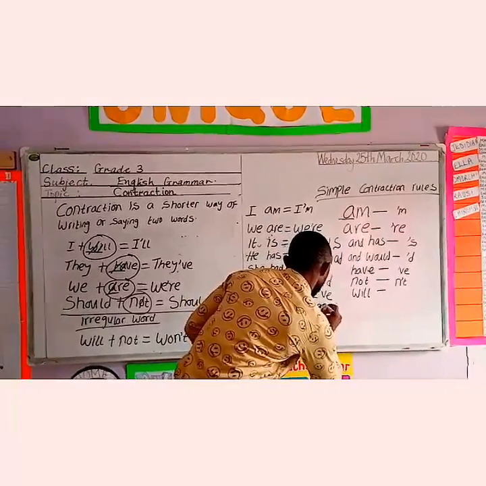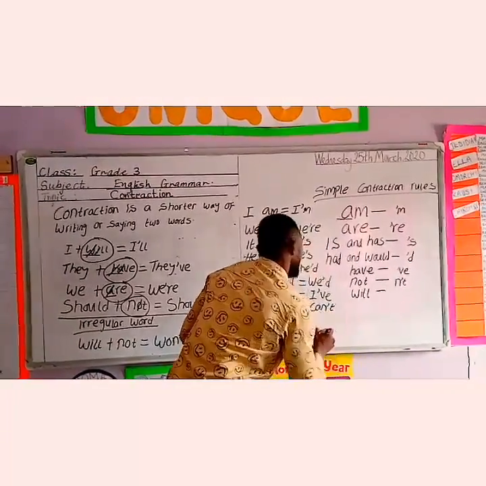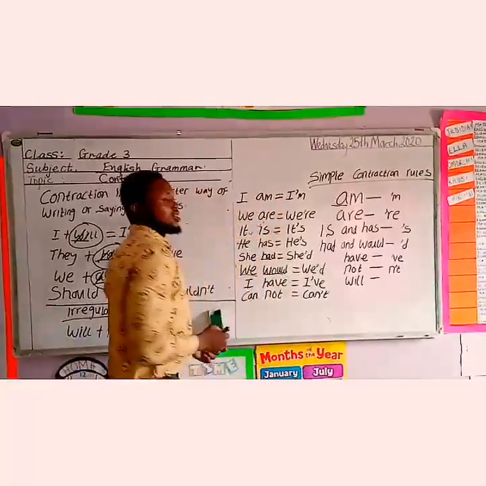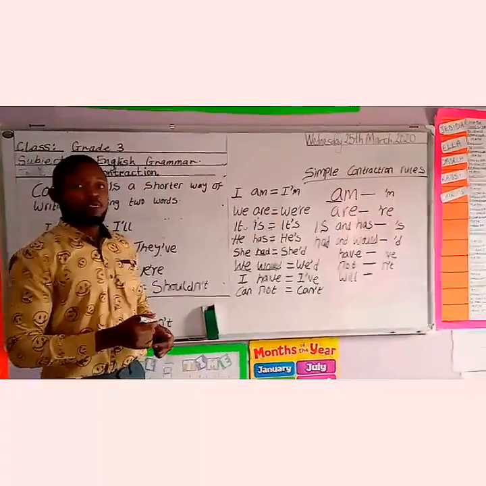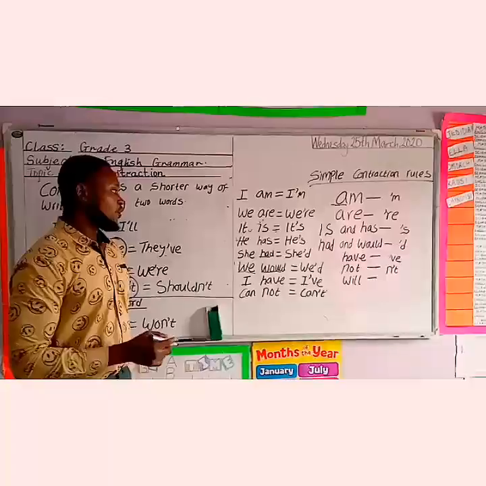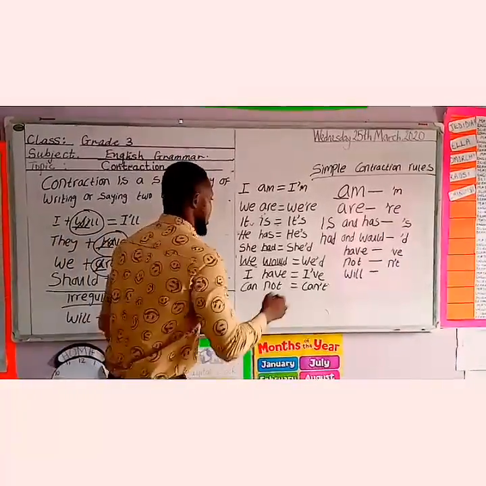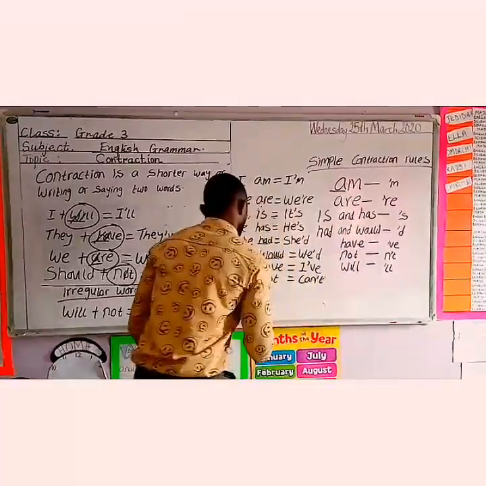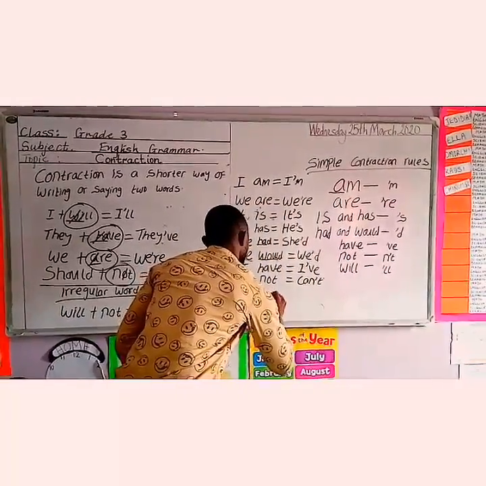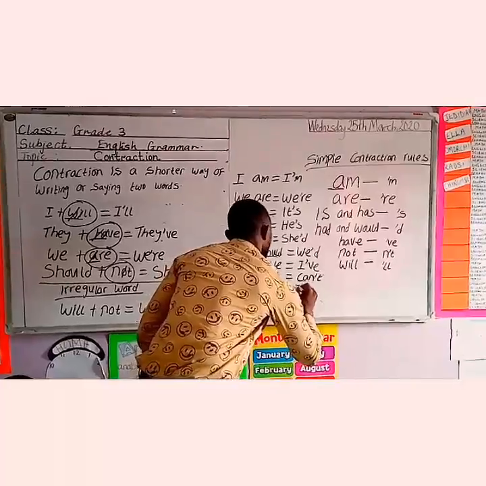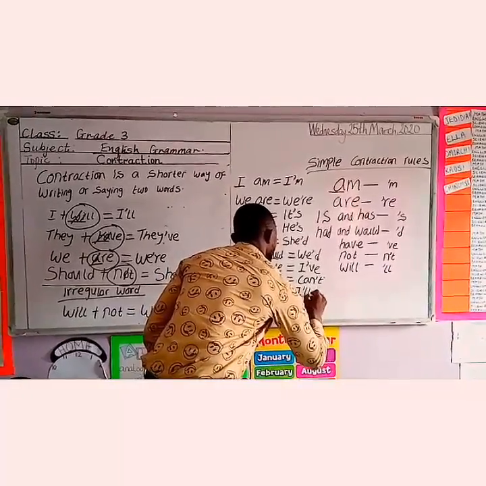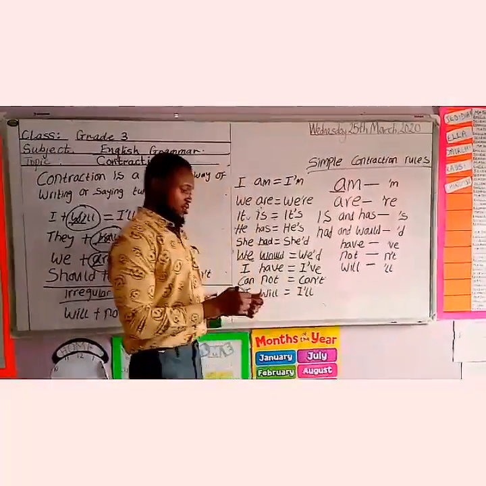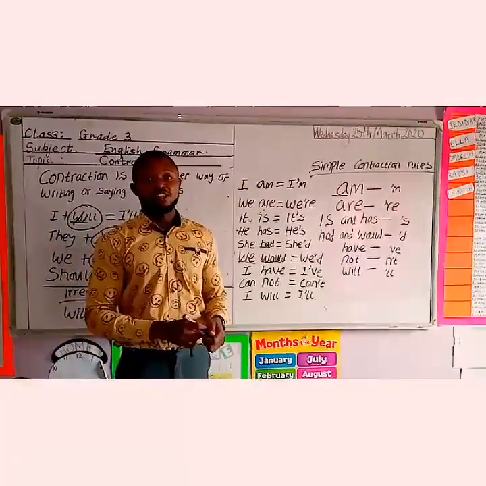So this should be can't. And then for will, I will, this becomes I'll. So that's it for lesson 62. Thank you.